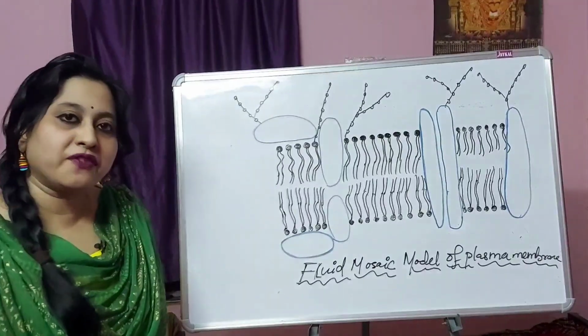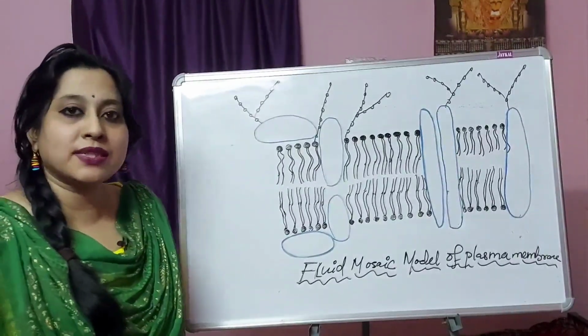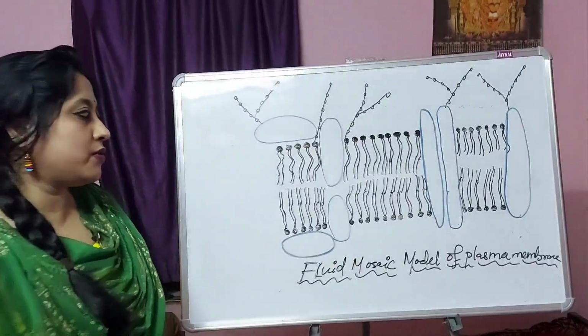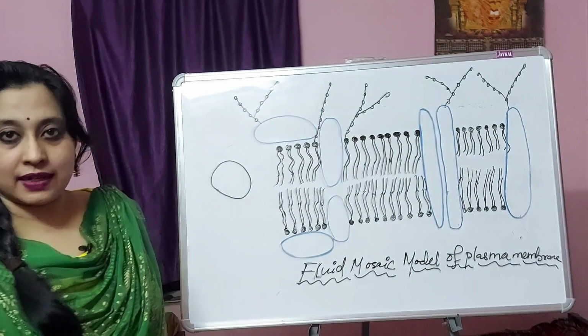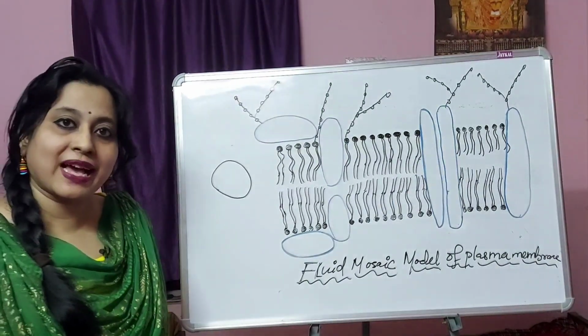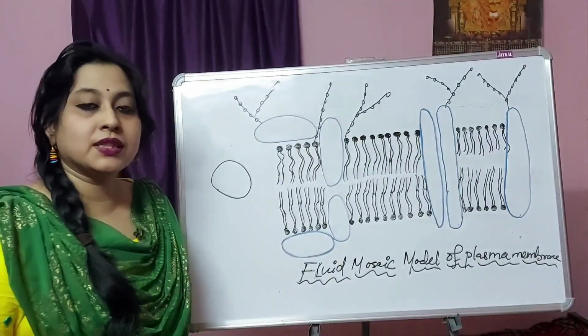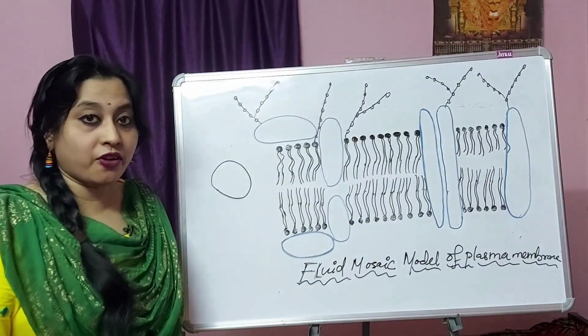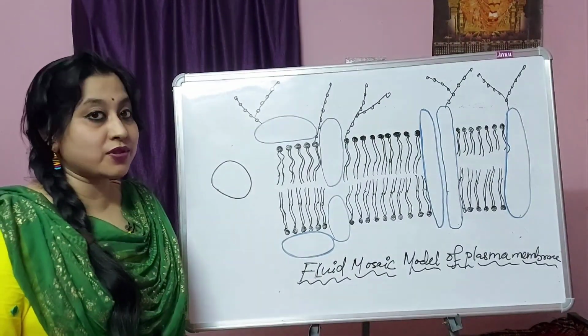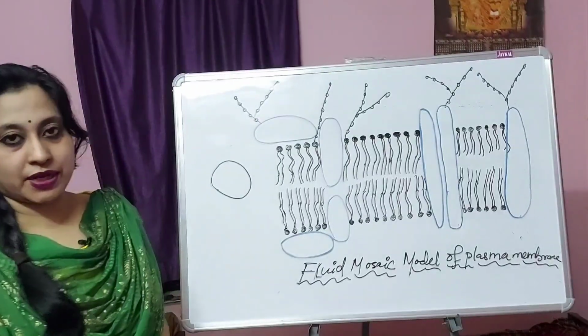As you all know, if you have the basic idea about the cell, it is the outermost covering of the animal cell. In plant cells also the plasma membrane is there, but the outermost covering is the cell wall. But in the case of animal cells, the outer covering is made up of plasma membrane.